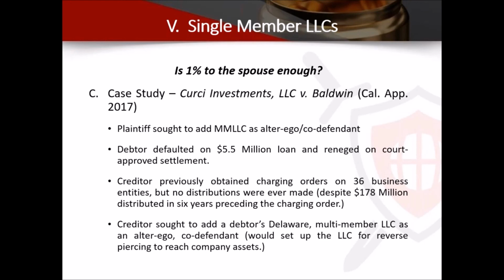So Curci, the creditor, gets the charging lien on the LLC and says, I got to get into this LLC. This is totally unfair. This guy's got $200 million and he's flaunting it at me. I can't get in. And he made $178 million in distributions. And now he says he's not going to make any distributions. I'm not going to get anything.